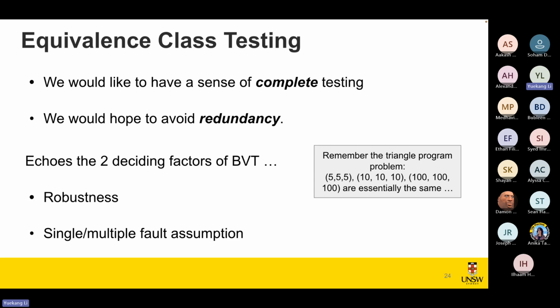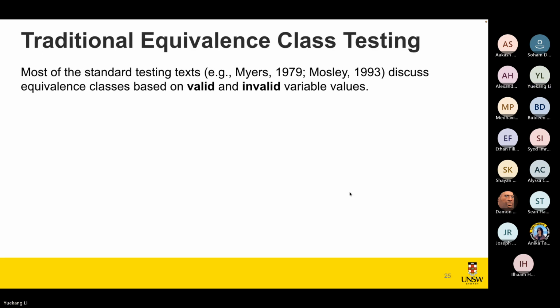They are triggering the same program behavior, the same output. So instead of treating all 3 as different individual test cases, we can group them together and use only 1 test case to represent this group. Equivalence class testing is all about how we design the classification or grouping of the inputs.